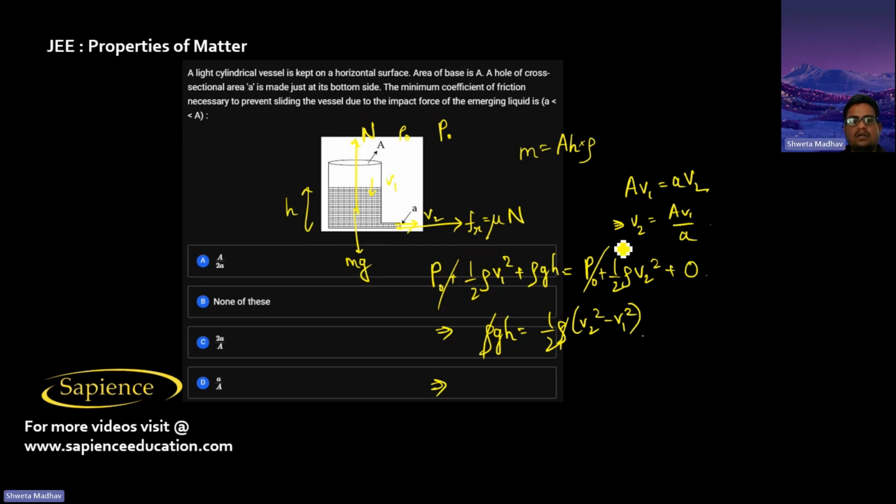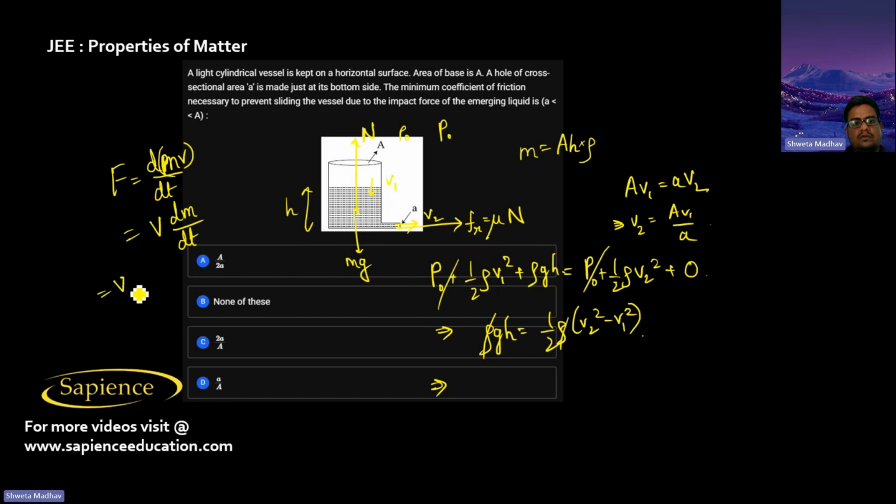So when this comes out with the velocity v2, there is a volume flow rate. Now the force is equal to dp by dt, which is the change in momentum, d(mv) by dt. Velocity is constant, so it will be dm by dt, and m is rho into volume.